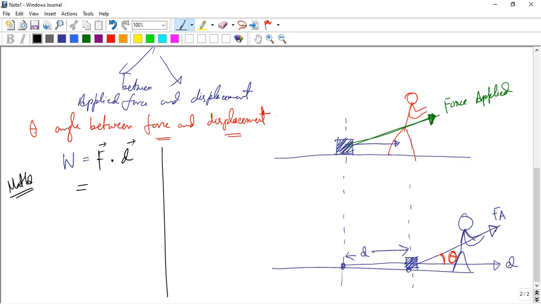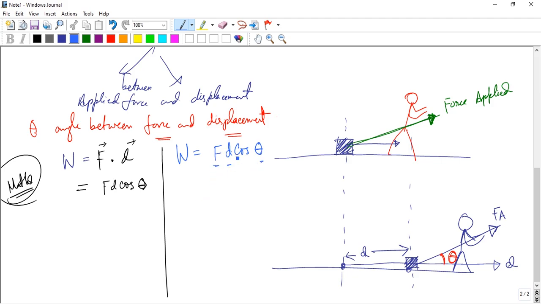Mathematically F dot d gives F d cos theta, where theta is the angle between F and d.